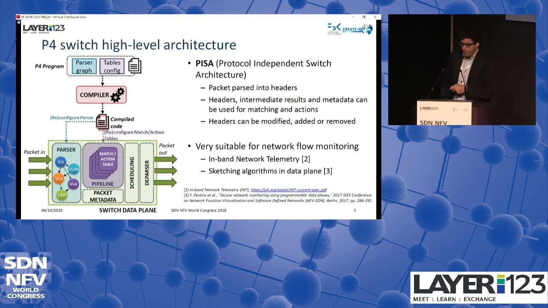So, in a few words, how do P4 switches work? P4 switches rely on the so-called PISA architecture, protocol-independent switch architecture. Here are the two main components of a P4 switch: the parser and the P4 pipeline.